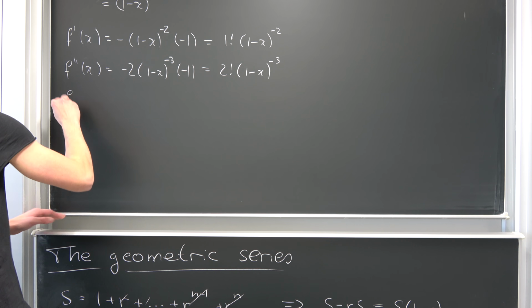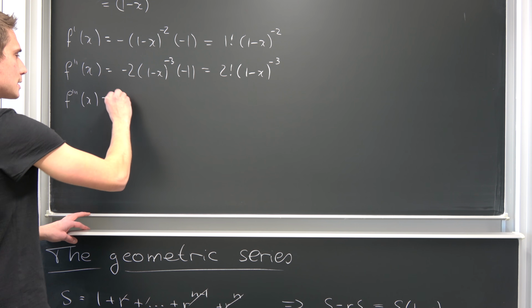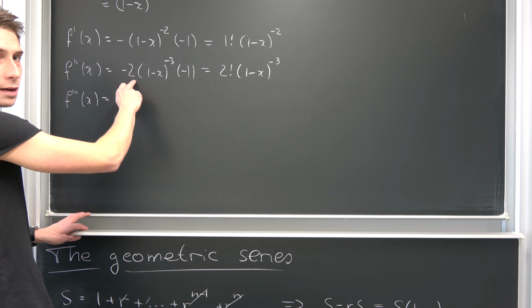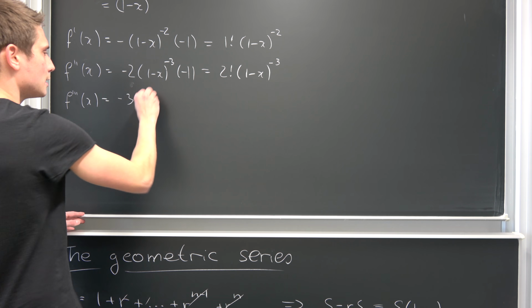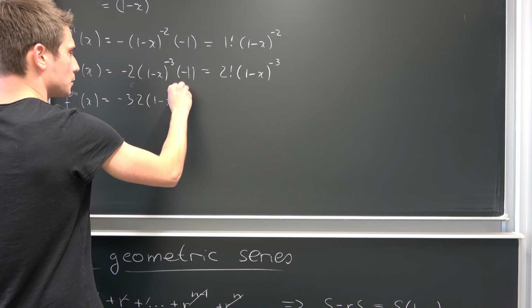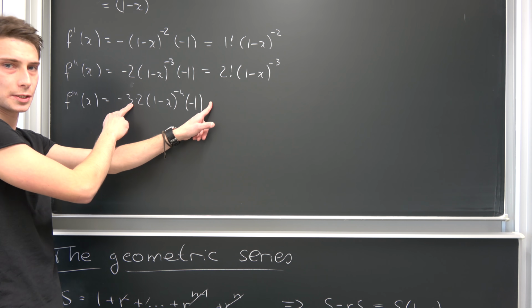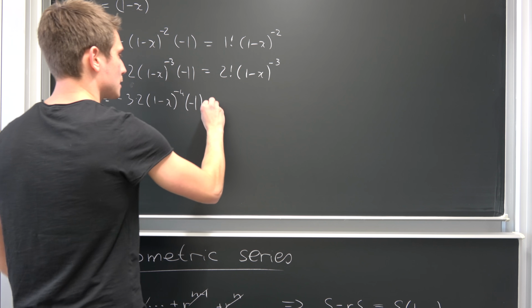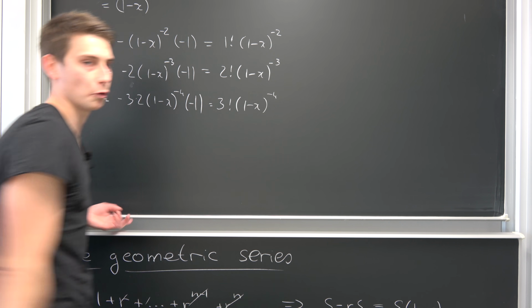One more iteration. F triple prime of x is nothing but, okay, dragging this down, negative 3 times 2. Okay, you see, this 2 is going to stay right here, times 1 minus x to the negative 4th power, negative 1 is nothing but, okay, 3 times 2 is the same as 3 times 2 times 1. So this is 3 factorial times 1 minus x to the negative 4th power.